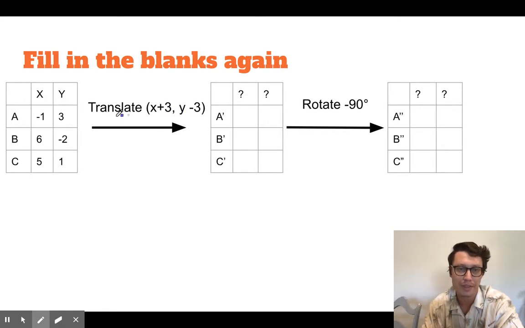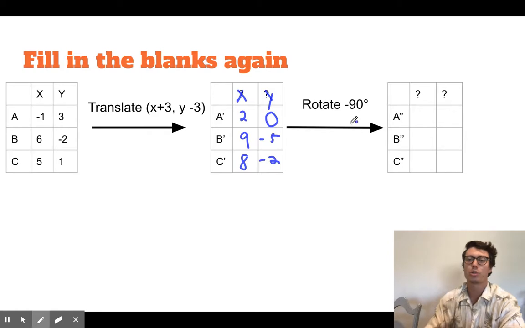So let's add the 3 to our x numbers. -1 plus 3 gives us +2. 6 plus 3 gives us 9. 5 plus 3 gives us 8, right? These are our new x numbers. These are our new y numbers. Our rule says that we subtract 3 from our y numbers. So 3 minus 3 gives us 0. -2 minus 3 gives us -5. And 1 minus 3 gives us -2.